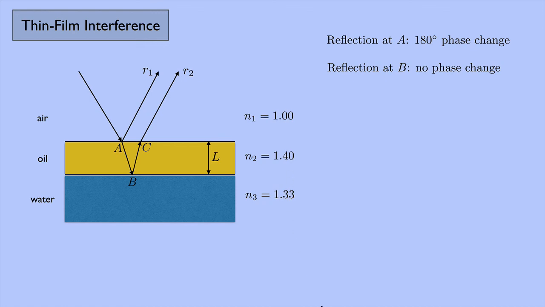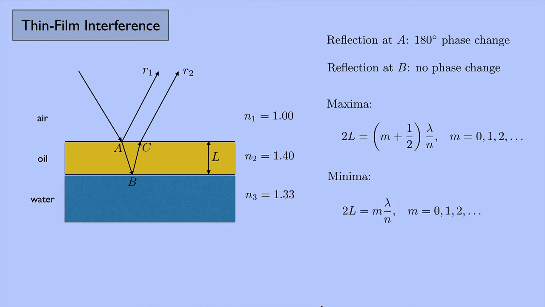That's no phase change there. So now the maxima are going to have a formula that looked like the formula for the minima that we had before. It's going to say that the path length difference is m plus a half times lambda over n. And the minima are going to have a formula that looked like the maxima before. 2L equals m lambda over n.